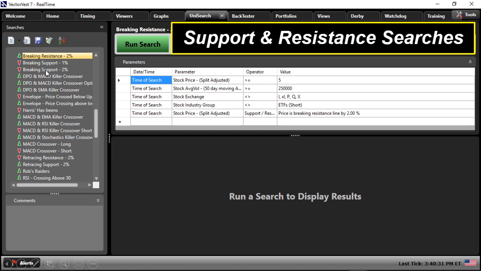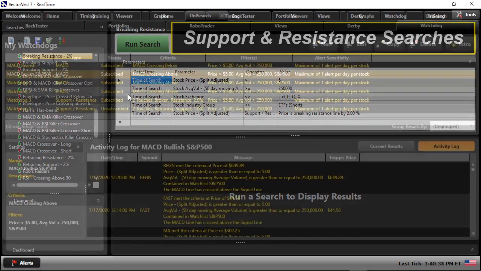Remember, there's two bullish situations, retracing support and breaking resistance, and two bearish situations, breaking support and retracing from resistance. Our ProTrader tool will find all four of those, along with RSI, EMAs, DPO, ADX, Bollinger Bands, envelopes, ATR. You can scan for a lot of technical indicators.